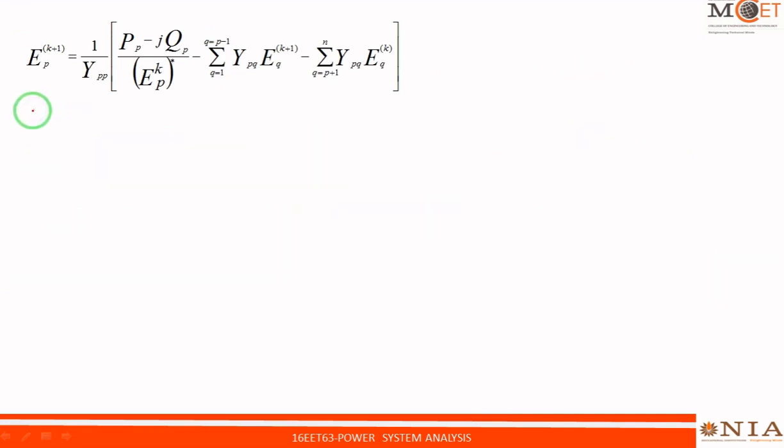In a very similar way, I have to calculate for the third bus, that is p equal to 3 and k equal to 0.